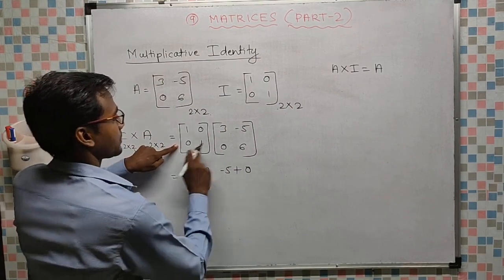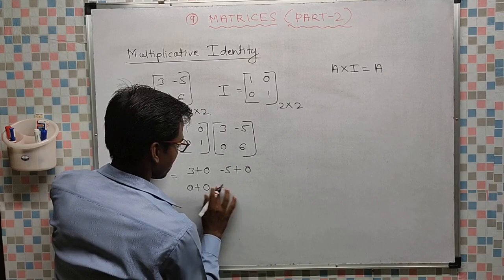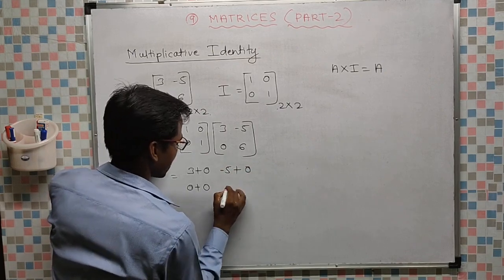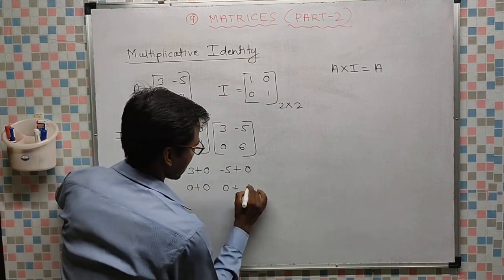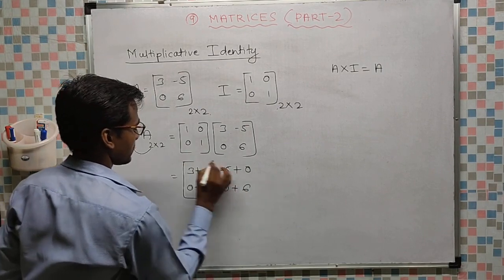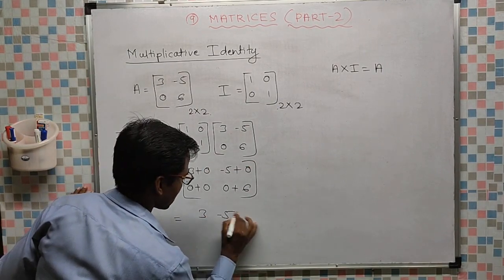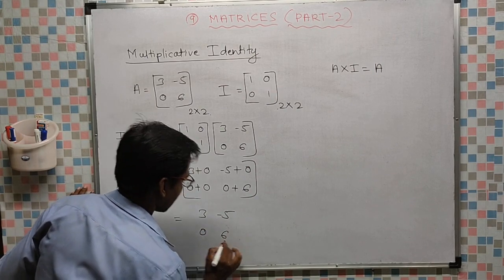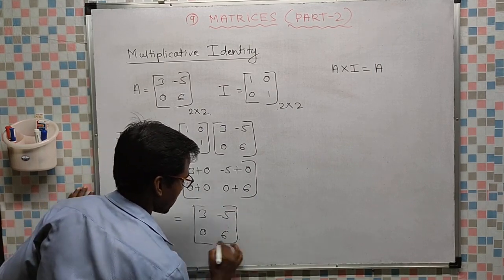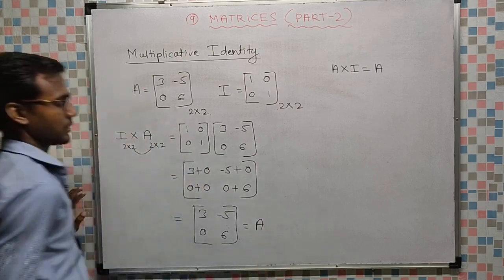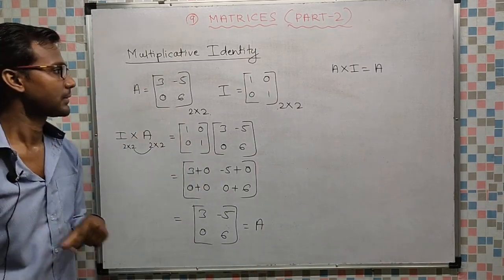One element. 0 into minus 5 is 0, 1 into 6 is 6, which is [3, -5; 0, 6]. Again we have got A. You can see again we have got A.